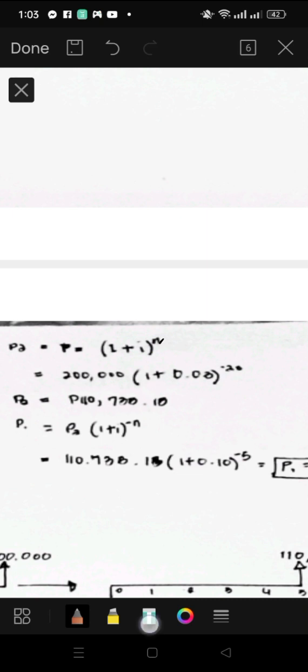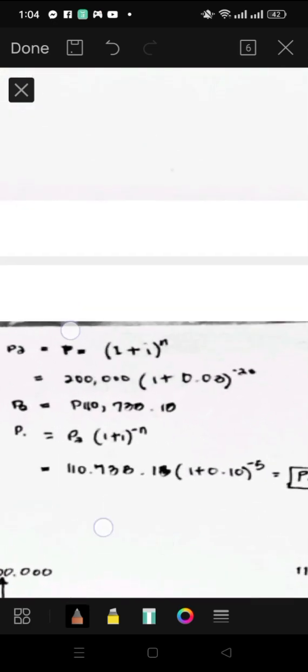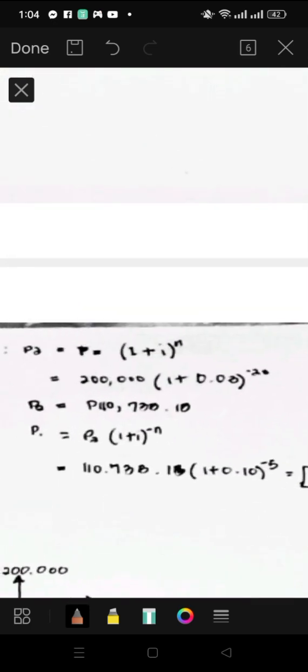This is the example of compound interest. So that's why we can do this. We will come to 110,735.151 in P2. So let's plug into the P1 equation. P1 is equal to P2 times the quantity 1 plus I to the power of negative 10.